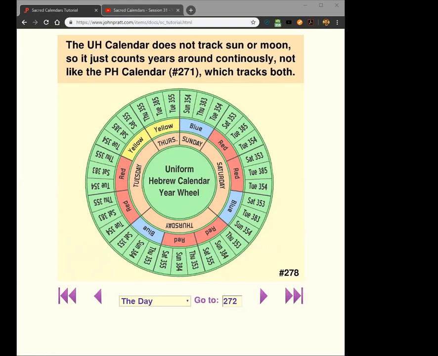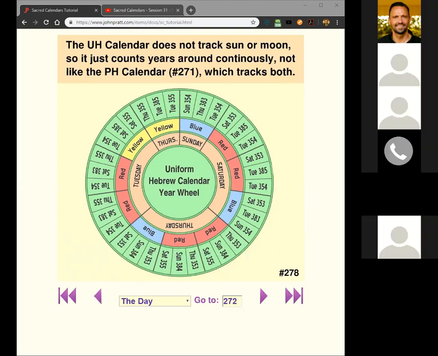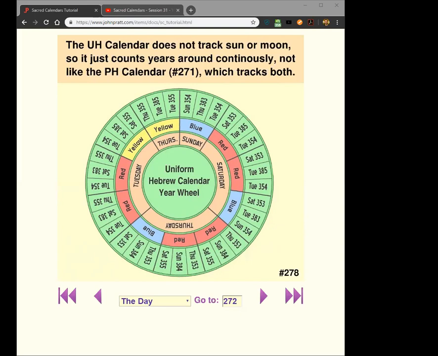They're listed in lengths around the outside of the wheel, and both the Hebrew and Uniform Hebrew calendar can only start on a Sunday, Saturday, Thursday, or Tuesday, 4 days of the week, in the usually March timeframe, somewhere between March 7th and almost April 6th. For a whole month there it can start.